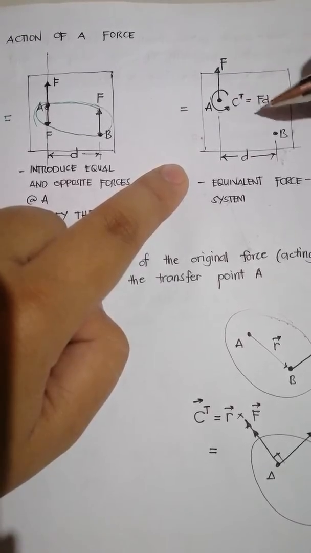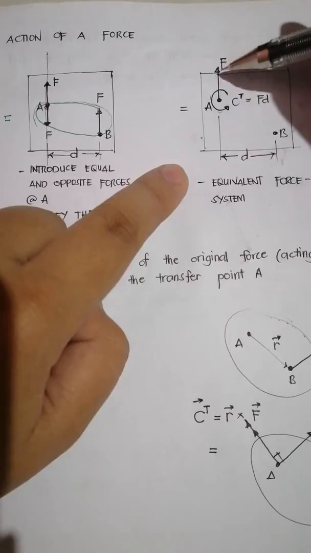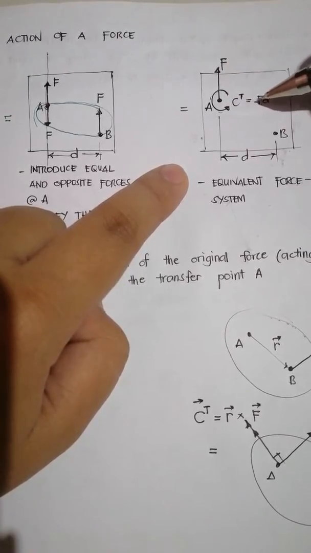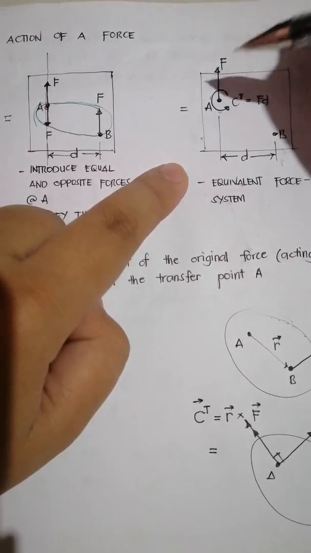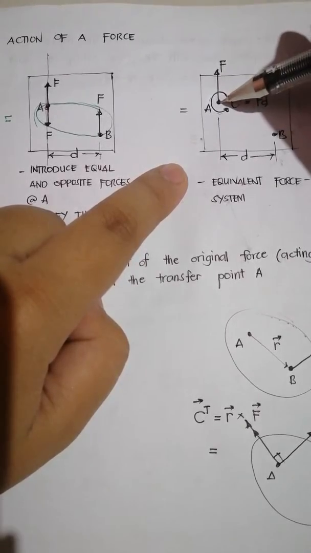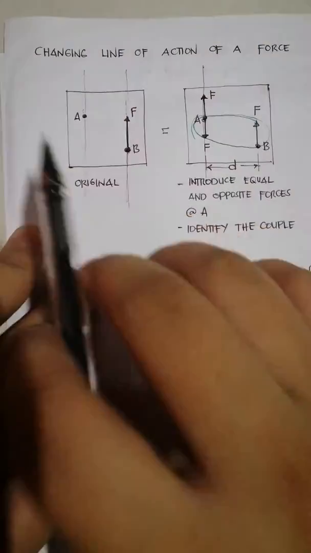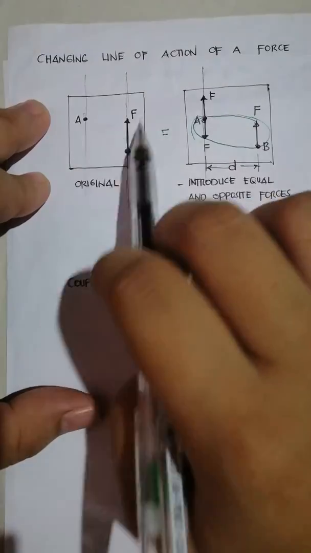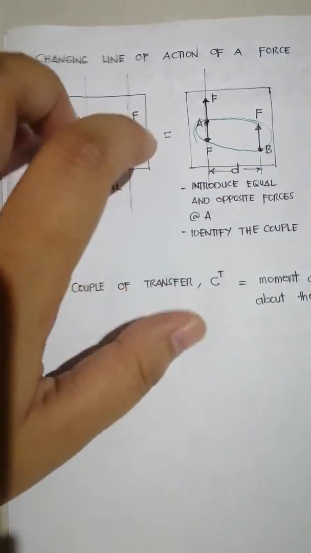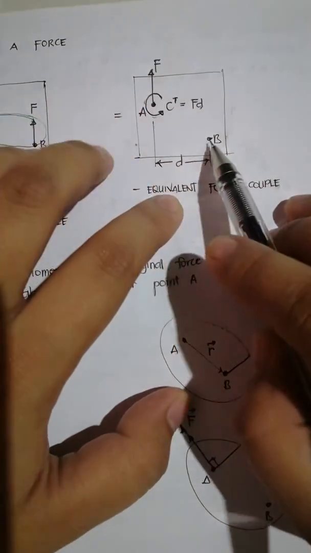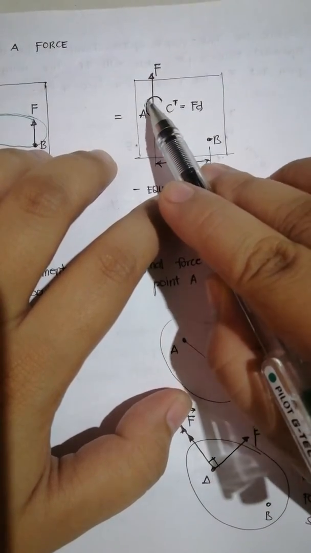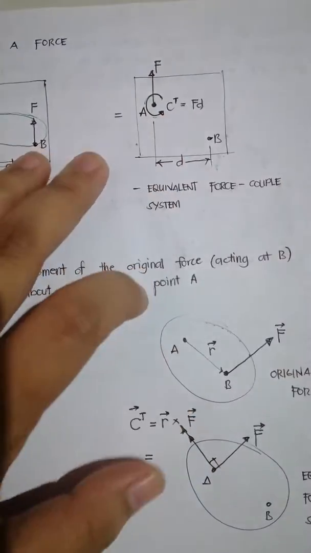That is equal to the force F, the magnitude of the force that we transferred, times the perpendicular distance from the original point to the transfer point A. So this original force, this line of action of the force, is just equal to the one transferred at another point A, plus a couple of transfer formed.